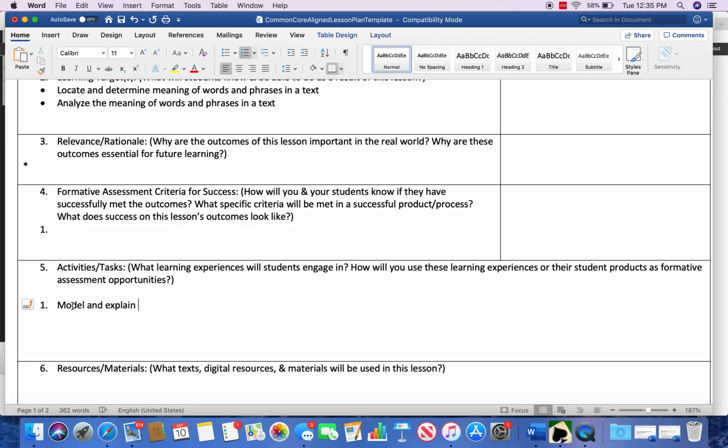Model and explain via visuals on the projector screen, like what you're seeing right now. You're seeing it projected. So I'm going to model it and explain it via the visuals, and I would put in parentheses maybe what that visual might be.